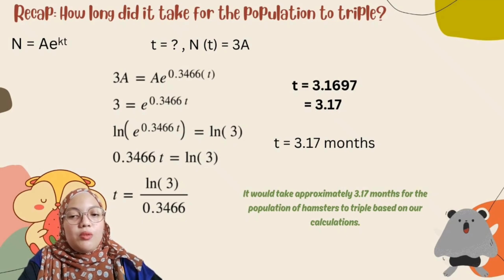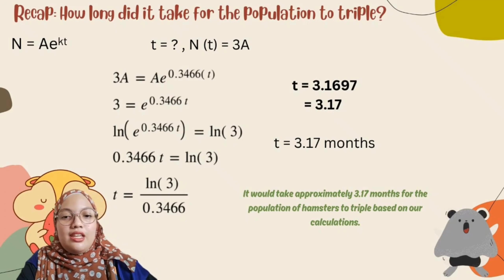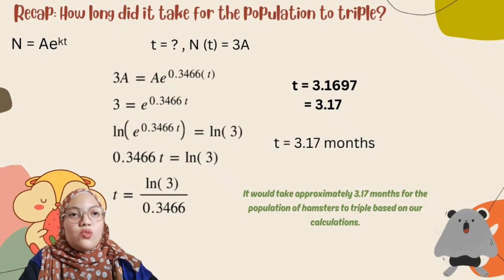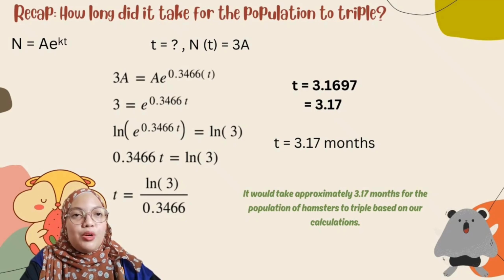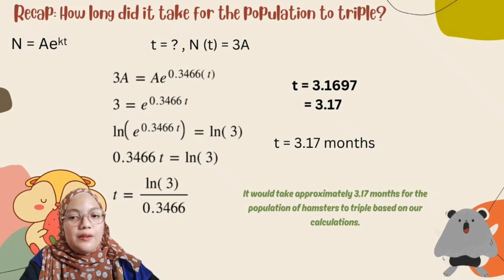Using the log and exponential rule, it will be ln e to the power of 0.3466t equals ln 3. We know that the term ln e to the power of 0.3466t will be 0.3466t. So 0.3466t equals ln 3. So t equals ln 3 over 0.3466.